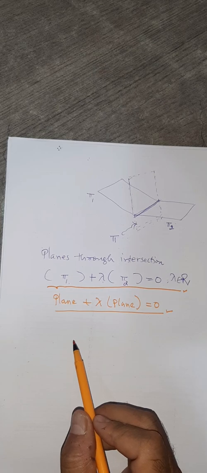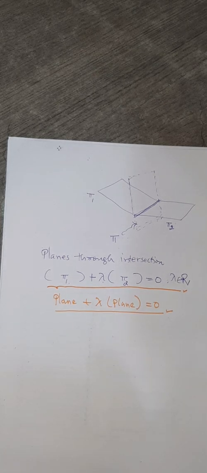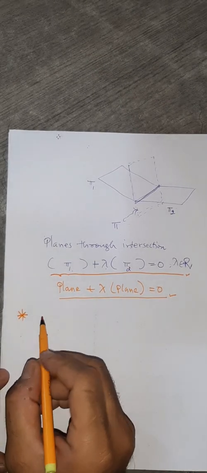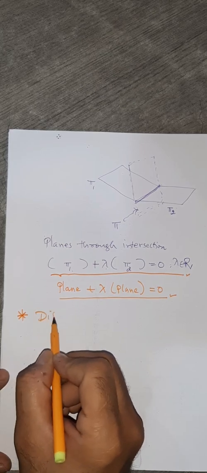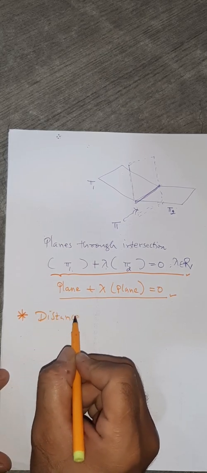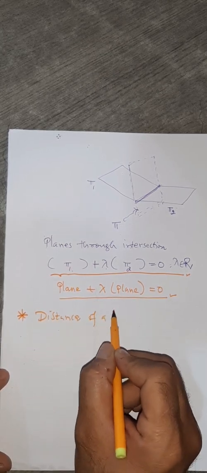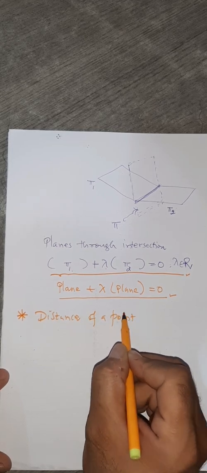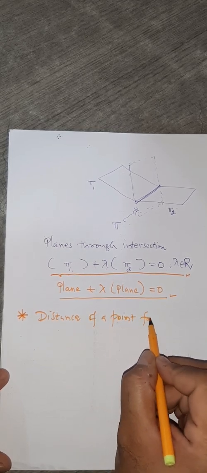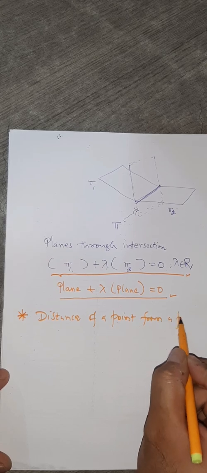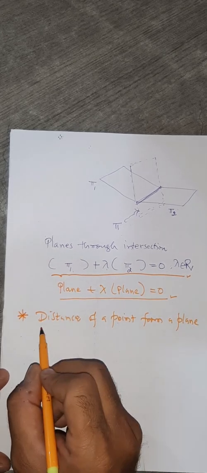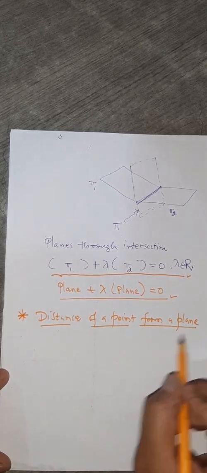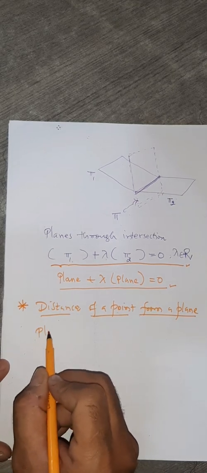So now, the next theory is distance of a point from a plane. Distance of a point from the plane. So let's write the equation of the plane.